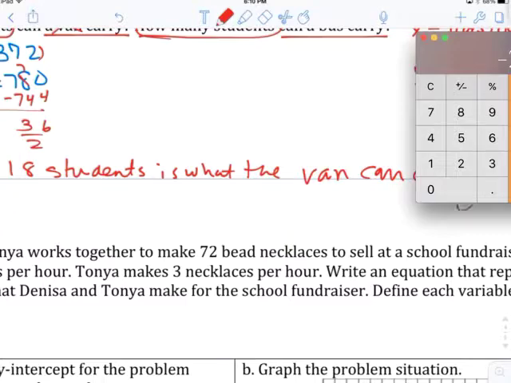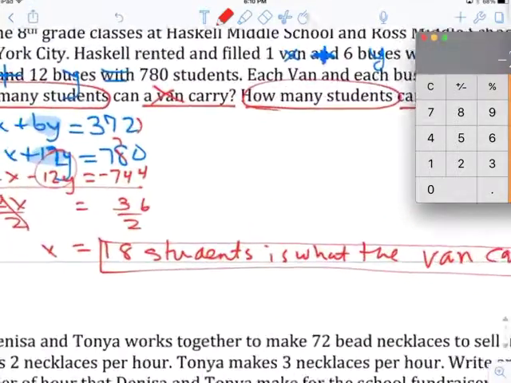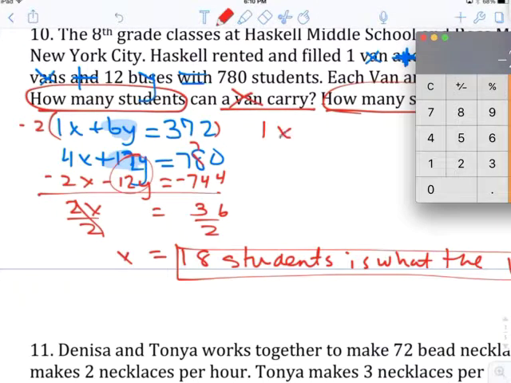Okay, let's see the bus. Okay, that's one of our answers. We need to see what the bus carries. The 1x plus 6y equals 372. So in place of x, we put 18.